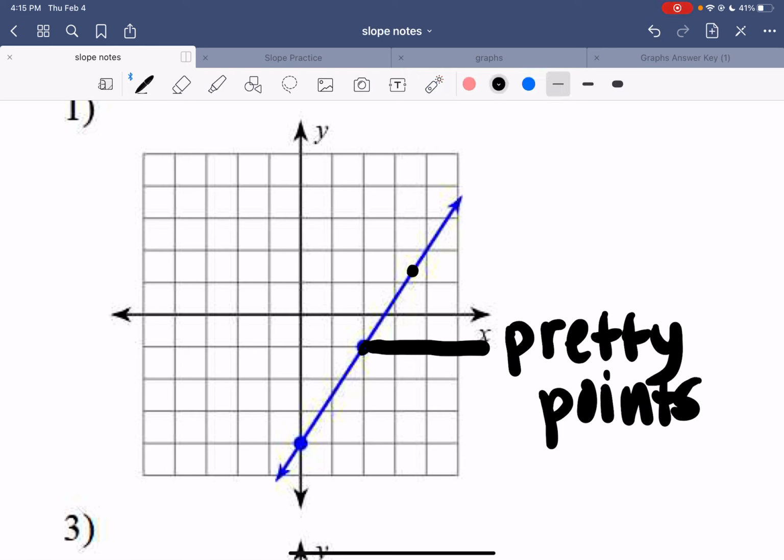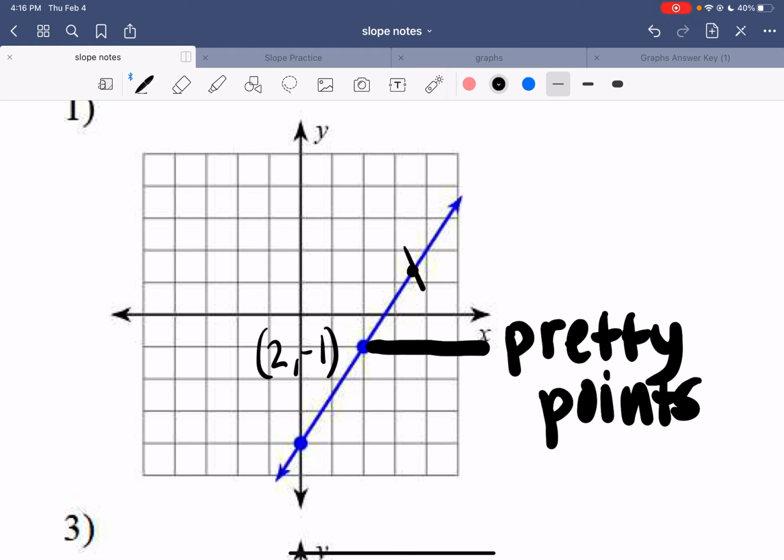Whereas on this pretty point right here, it would be super easy to say, oh, the location of this one is 2, -1. Whereas this point here, again, it's still on the graph, but it's not a pretty point because it would have decimals, like we would have to say 1, 2, 3, maybe 3.5 up to 1.73 or 1.25.